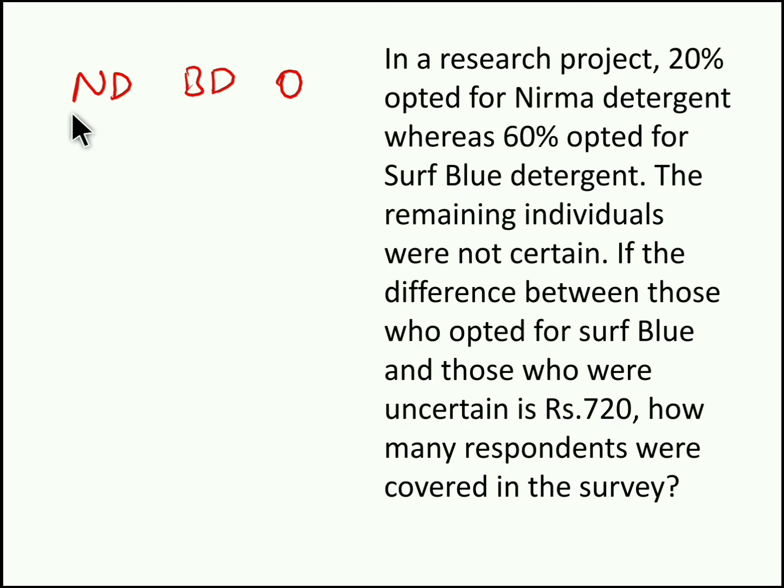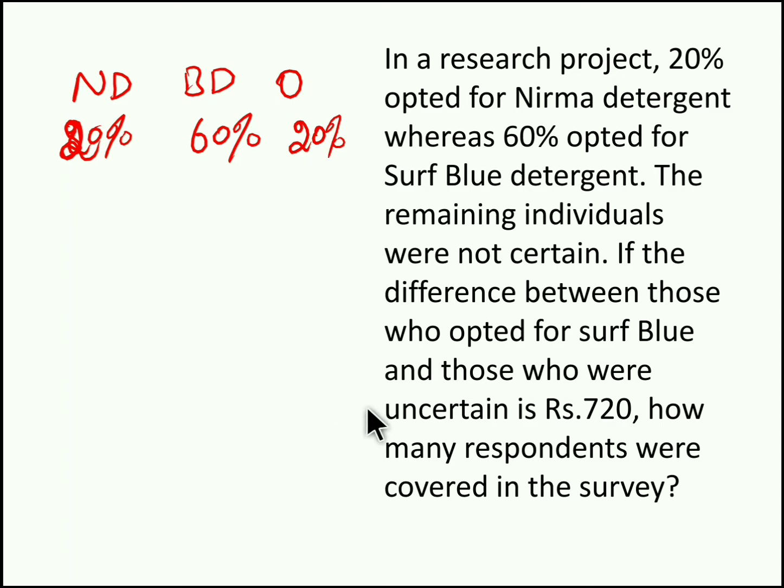People who opted for Nirma detergent are 20%, and people who opted for blue detergent are 60%. So others will be obviously, in 100%, 20 plus 60% gone, which is 80%, remaining will be only 20%.